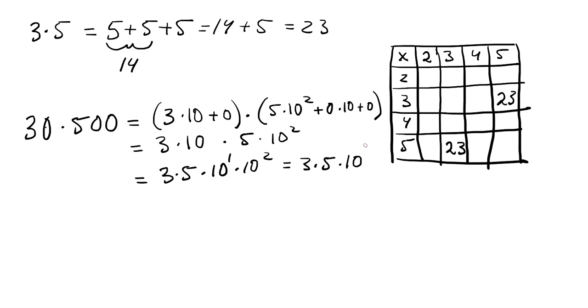So we have 10 to the power 3, so 1 plus 2. And now we know from the multiplication table that 3 times 5 is 23. So how can we go back and write this as a digit combination? We just have to add some zeros to the end. It doesn't change the value of the number.